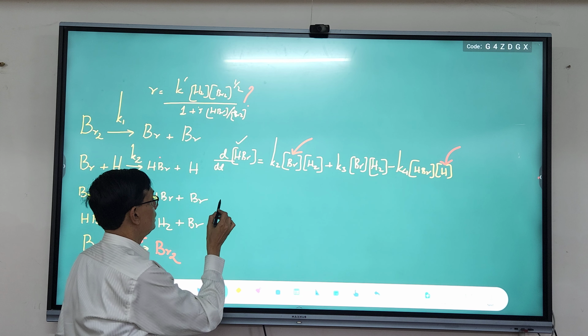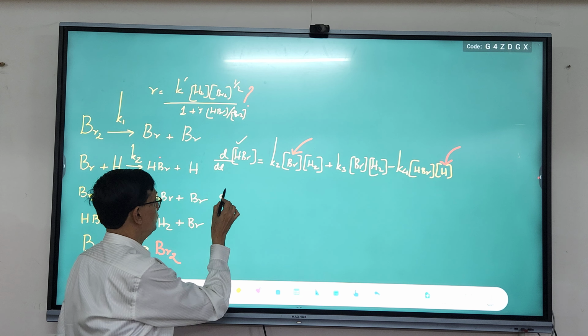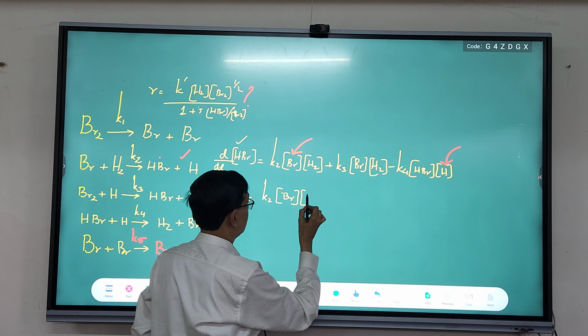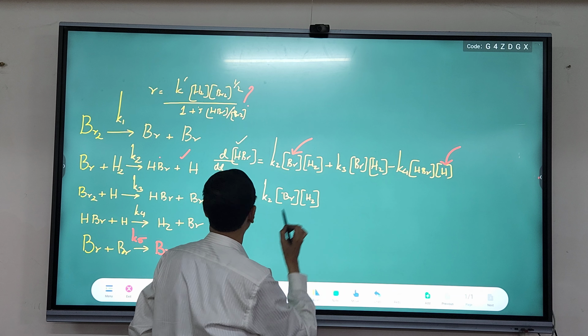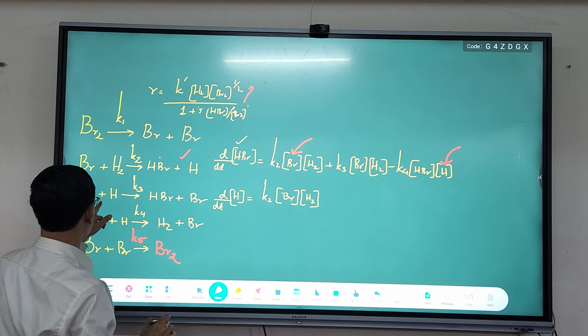So first I will do it for H. Here it is produced, so I can write k2 [Br][H2]. In the second case, it is consumed, minus k3 [Br2][H].